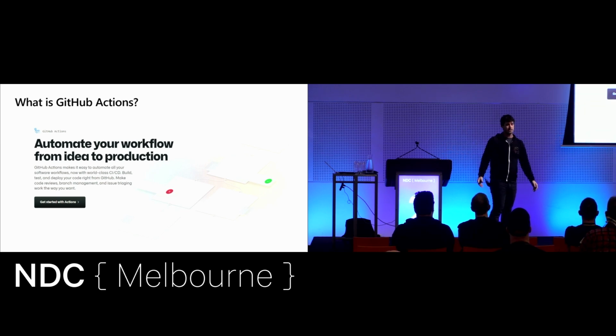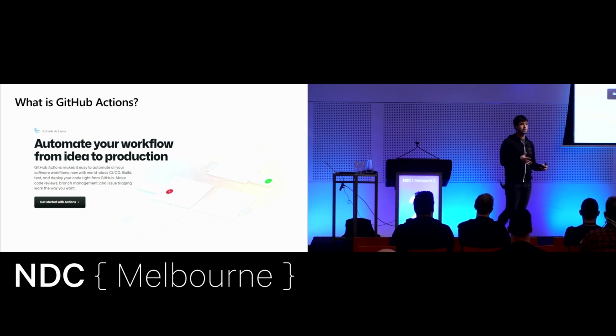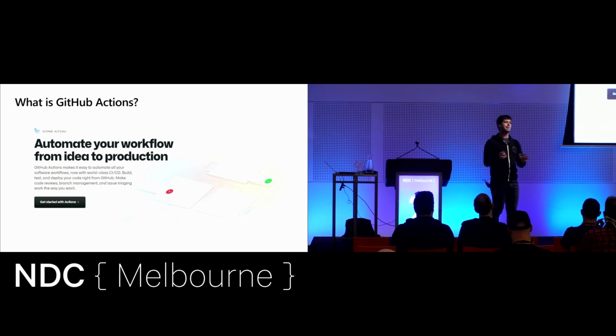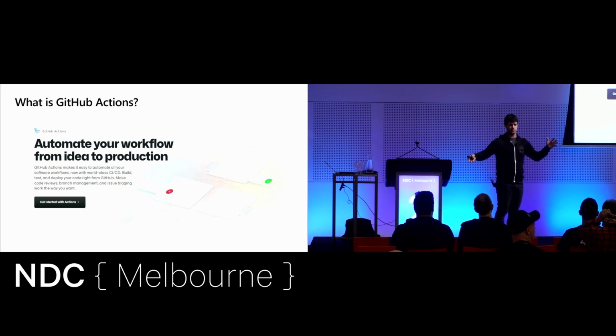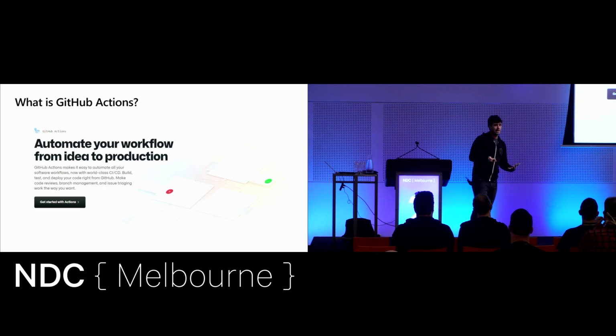Internally, we use Actions constantly to triage issues and to work with our project boards. We also make sure that pull requests have the right information in them before we even think about merging them back into our main branch. So Actions is good for not just the CI/CD part, but a lot of the DevOps lifecycle before that as well. In general, it's a very open automation platform that can do a lot of stuff.